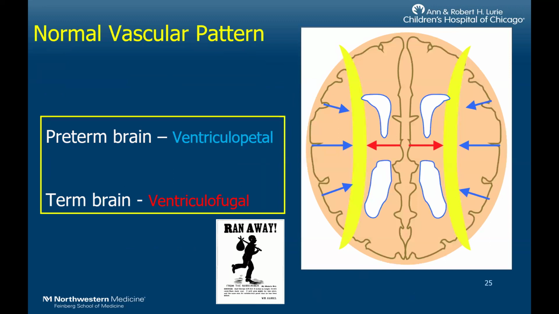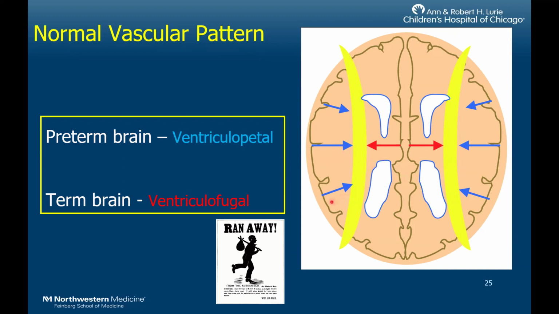In order to understand some of this pattern that we're going to see, I also want to just quickly review what the normal microvascular pattern is in the brain in both the preterm and the term baby. So in the preterm, there is still an immature microvascular system, so there are immature microvascular end zones and border zones. So we want to think of the vessels going towards the vascular zones, as depicted by the blue.